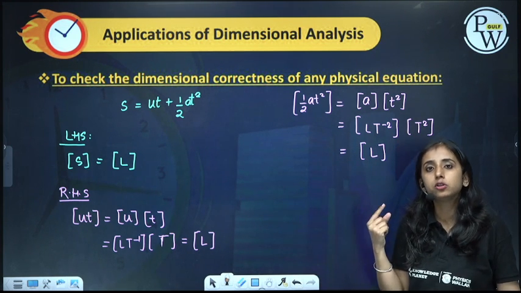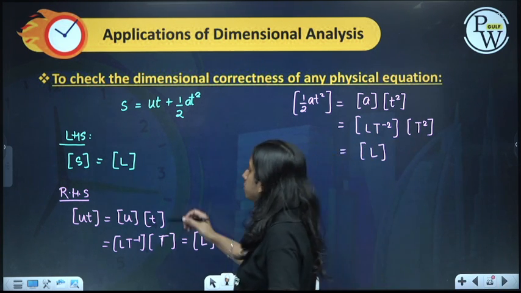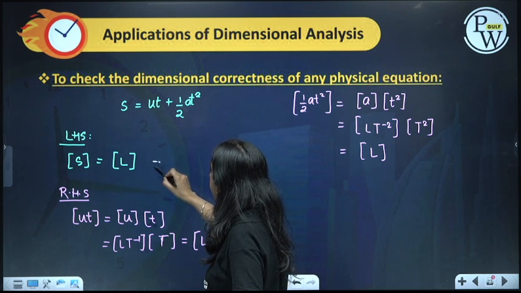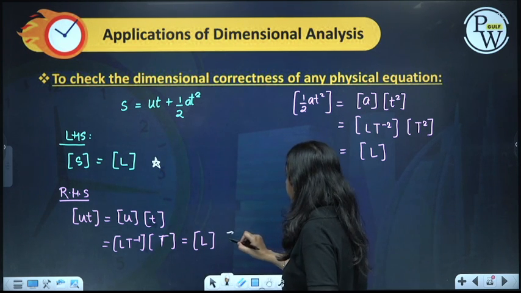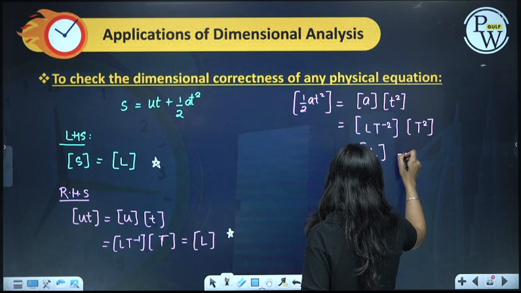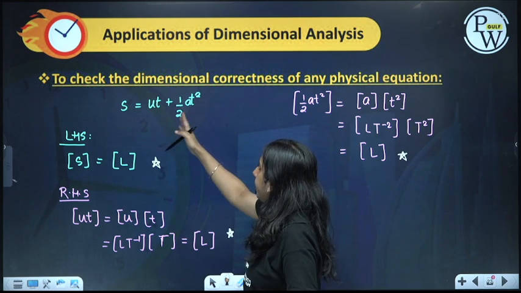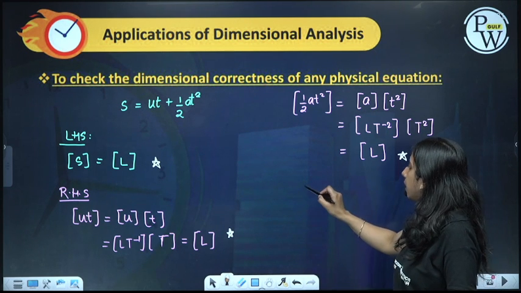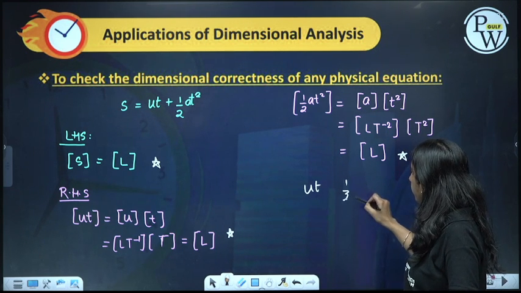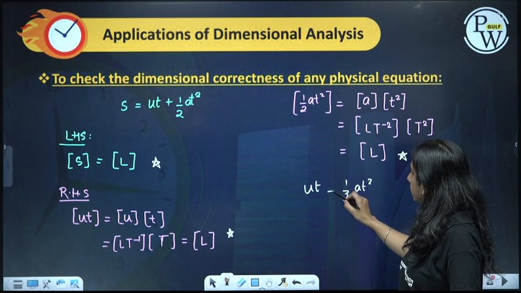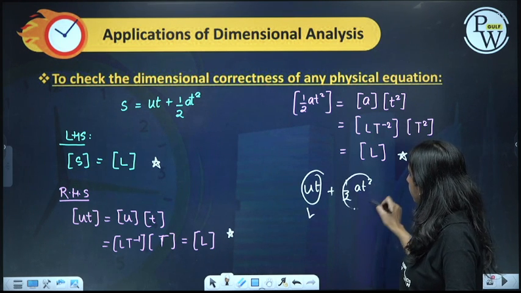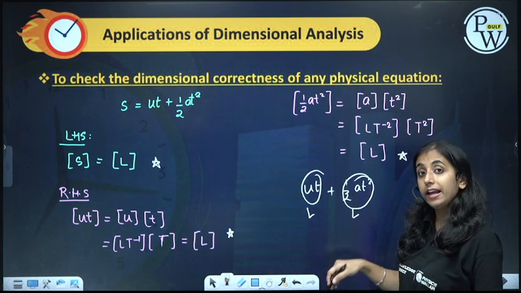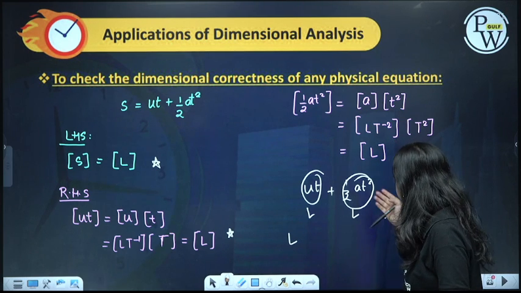First point is checked. Then the dimensions of the left hand side are L. Dimensions on the right hand side: all quantities on the right hand side have the dimensions of L. All the terms like ut, half at square, both have the dimensions of length. So when we add length to length, we will get a length only.